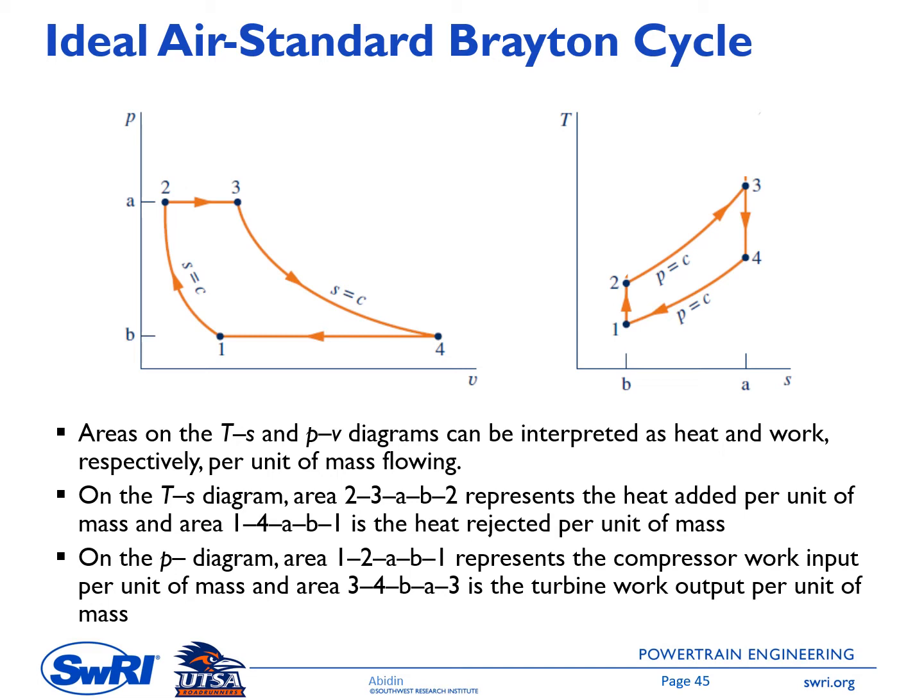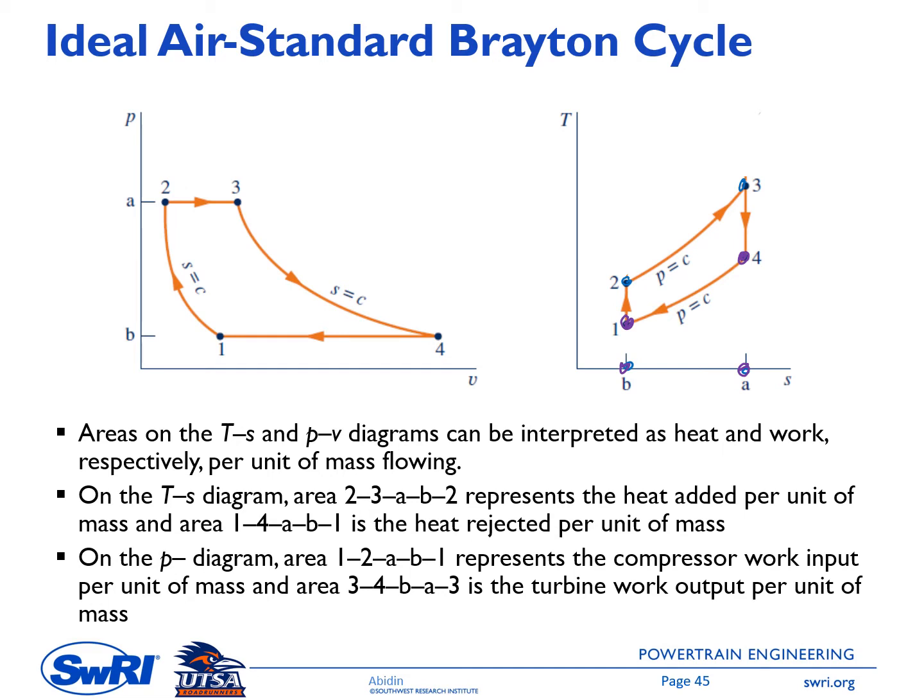The area surrounded by point 2, point 3, and then A, and then B, back again to 2, represents the heat added per unit of mass. And then the area surrounded by point 1 and then 4, A, B, back into 1, represents the heat rejected per unit of mass, and the difference, which is the net heat, equals the net work.